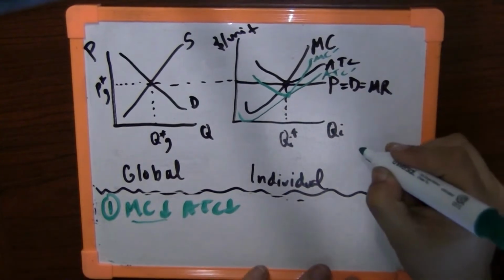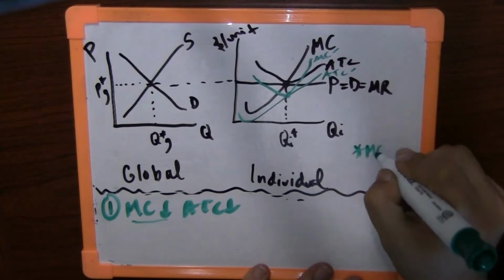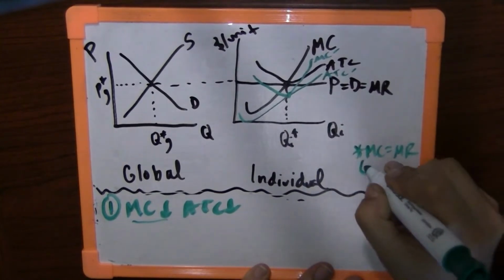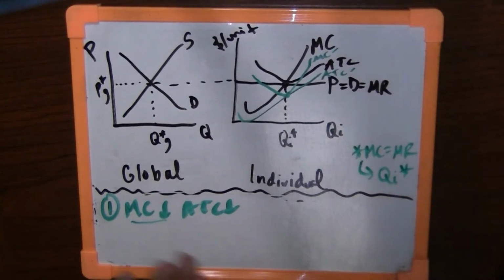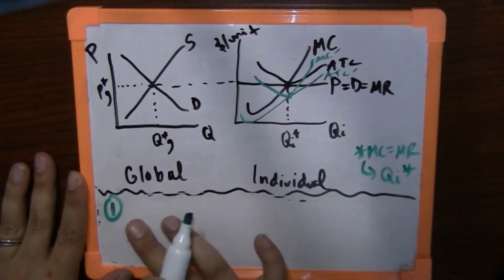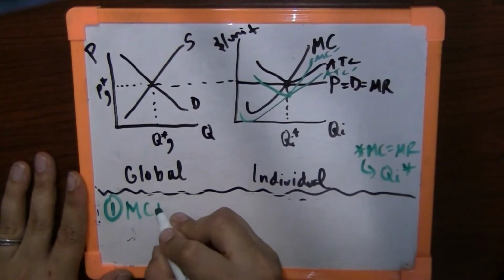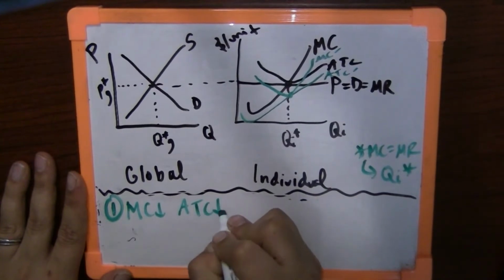We're always looking for that golden rule point where marginal cost is equal to marginal revenue. That will tell us the optimal quantity for the individual. Sorry, I just realized this marker is way finer, so I'm going to rewrite this.